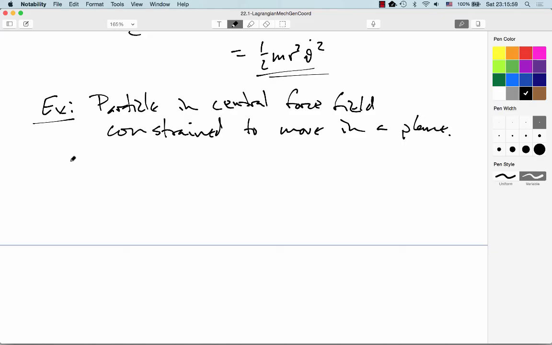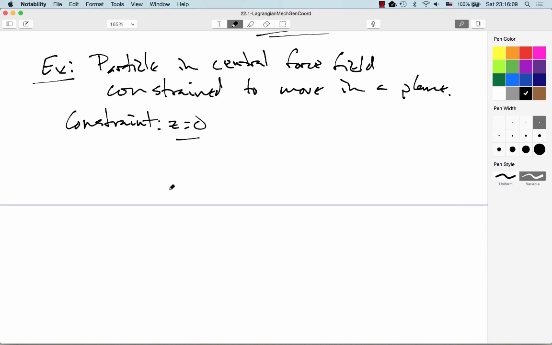So you can write our constraint: that's z equals 0. We have one particle, so that means we have 3 times 1 minus 1 equals 2 generalized coordinates, so plane polar coordinates would probably be really good generalized coordinates here, r and theta.